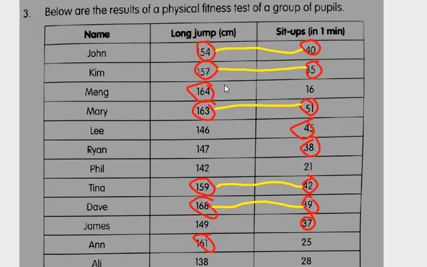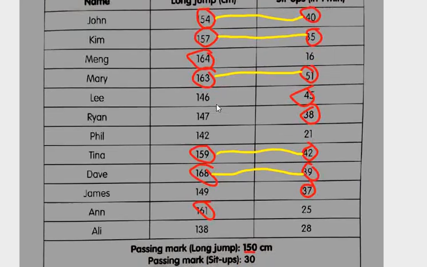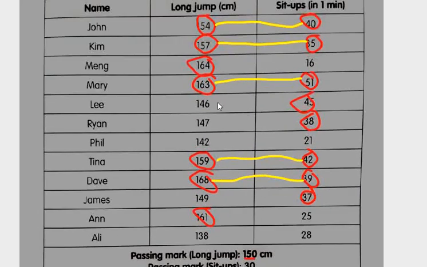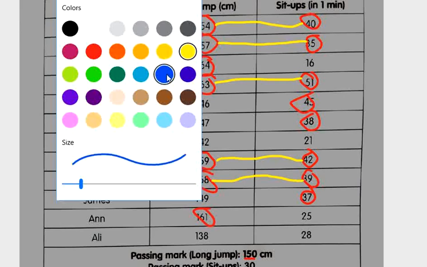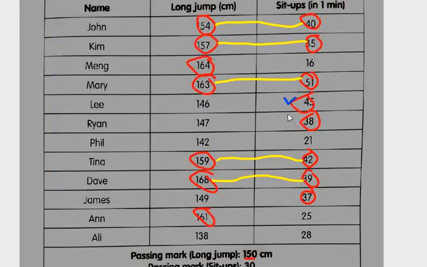Okay, so we will mark those with the data that is circled for the sit up but not circled for the long jump. Okay, I will mark with another color. Yeah, like this one and this one.